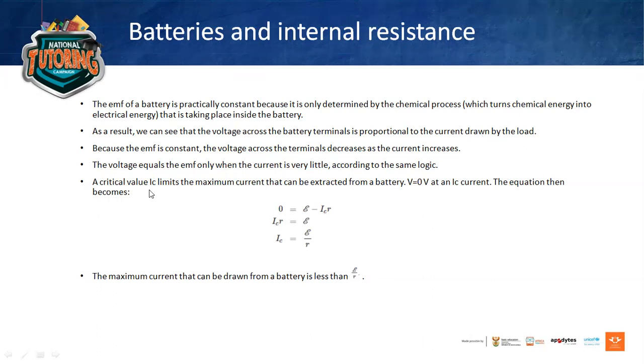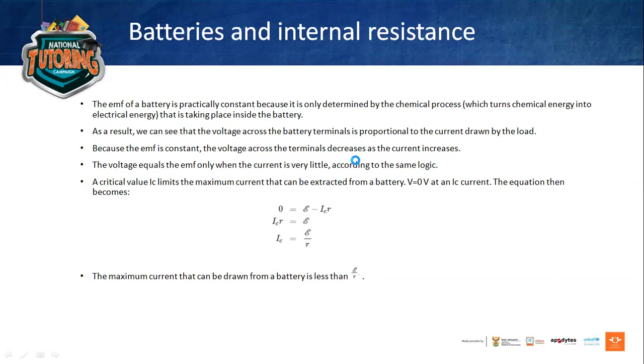Okay, because the EMF is constant, the voltage across terminals decreases as the current decreases, because remember, current and voltage are directly proportional to each other. The voltage equals the EMF only when the current is very little, according to the same logic.